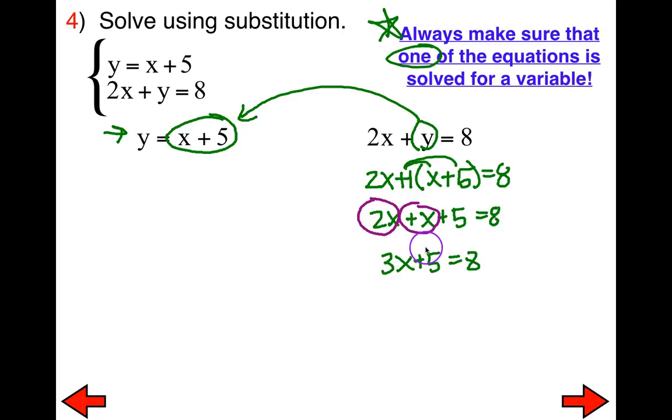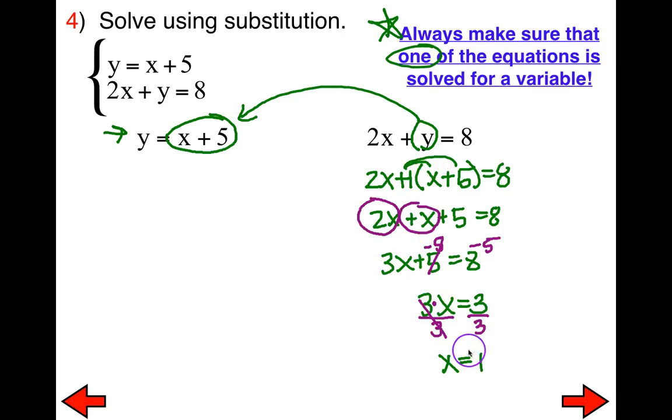Now you're going to get rid of your constant by subtracting 5 from both sides, which leaves you with 3x equals 3. Here this does mean 3 times x, so the inverse would be to divide both sides by 3, leaving me with x equals 1.